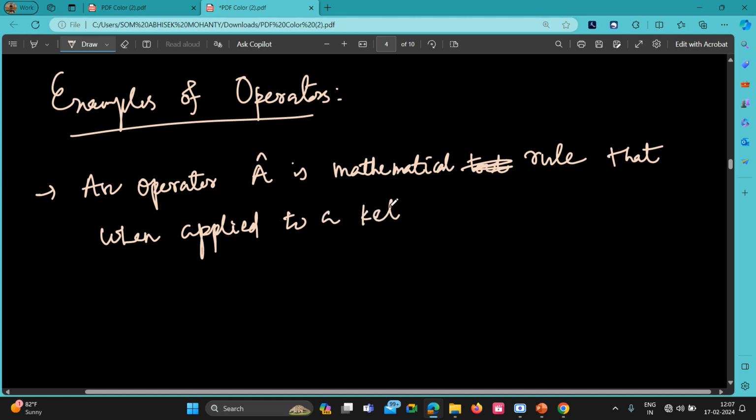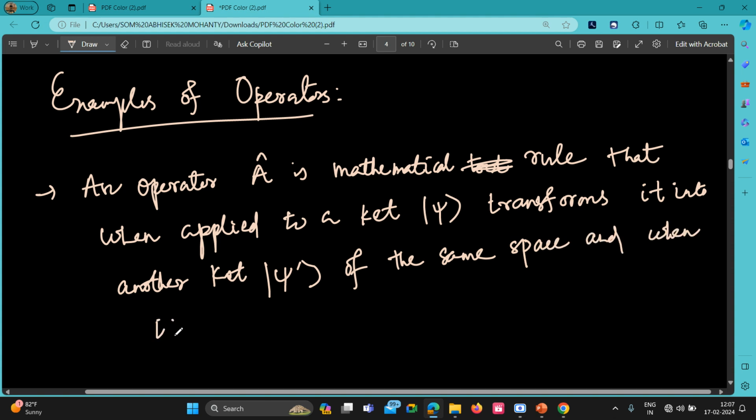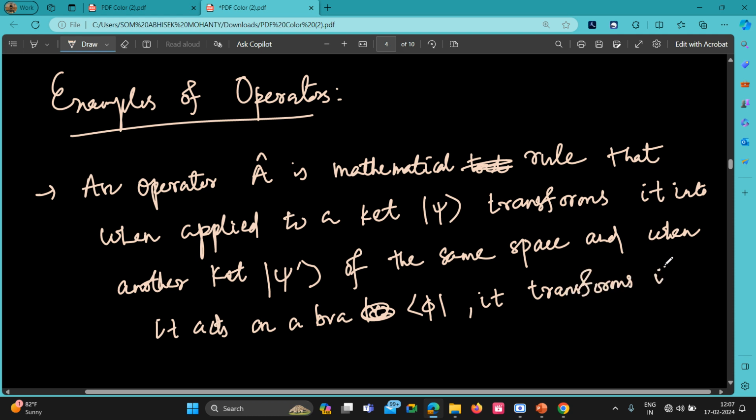And when it acts on a bra phi, it transforms it into another bra phi dash.